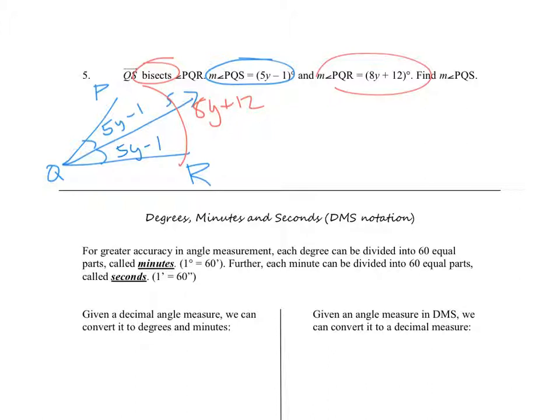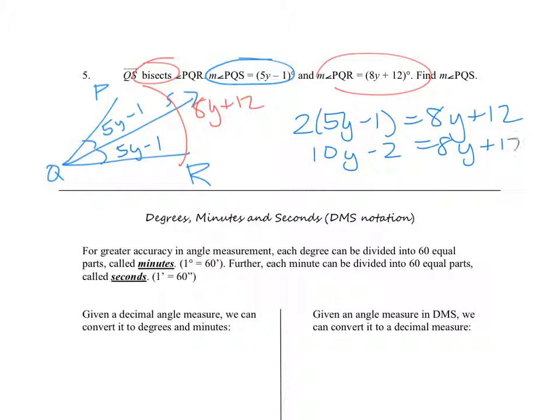So we can set up an equation. 2 times (5y minus 1) is equal to 8y plus 12. And then we solve. 10y minus 2 equals 8y plus 12. If we add 2 to both sides and subtract 8y, we have 2y equals 14. So y is 7.